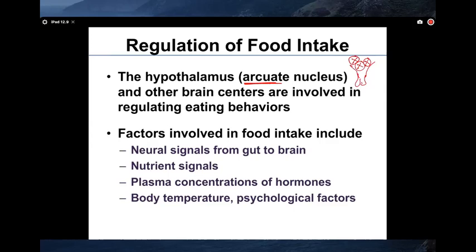Factors that will be involved in food intake include neural signals from the gut to the brain, nutrient signals, and so on.